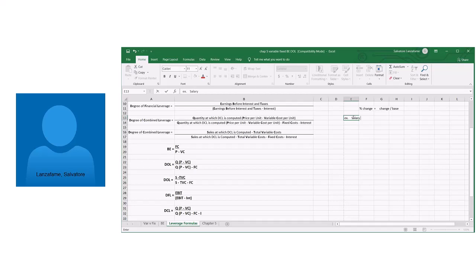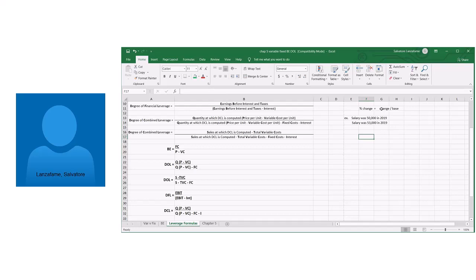Your salary was $50,000, let's say in 2019, and in 2020, your salary was $53,000. What percent increase did your salary go up?